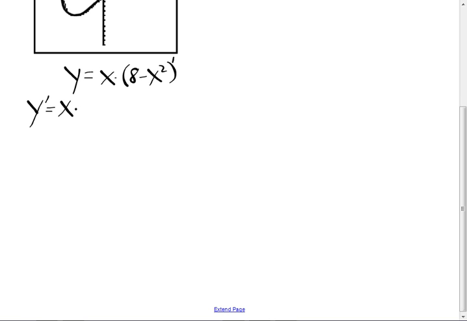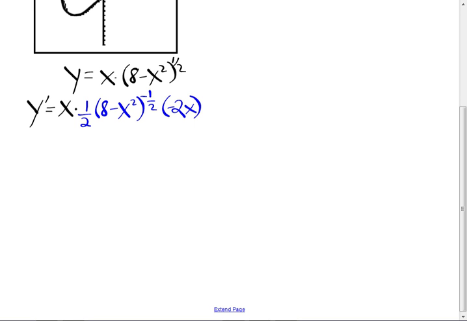Oh, I forgot my 1/2. Now, what's the derivative of that? Product rule. So it's 1/2, 8 minus x squared to the what? Times, what kind of 2x? Negative 2x. It's the algebra.